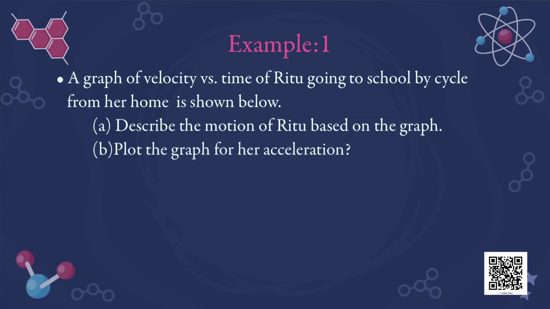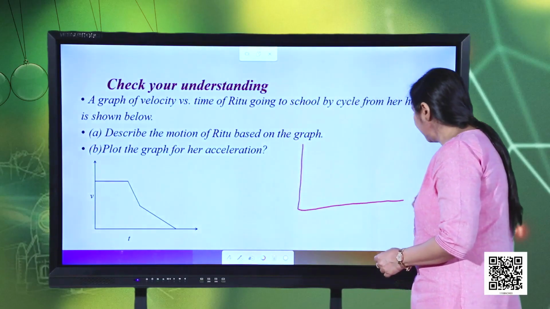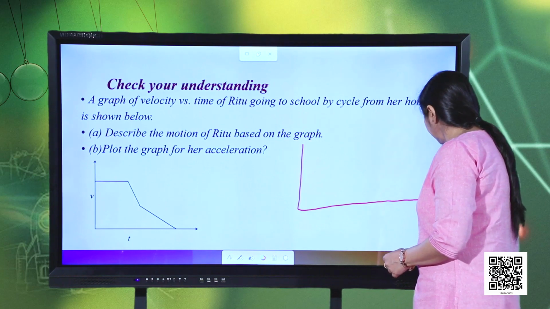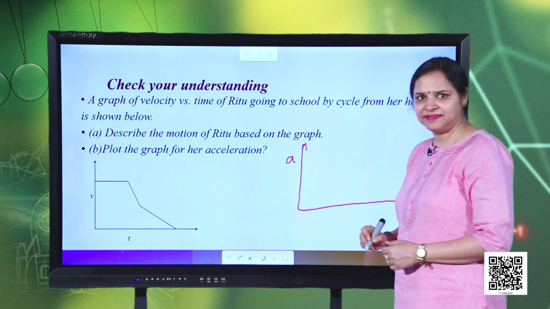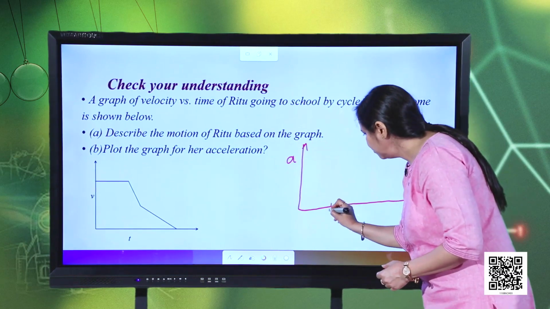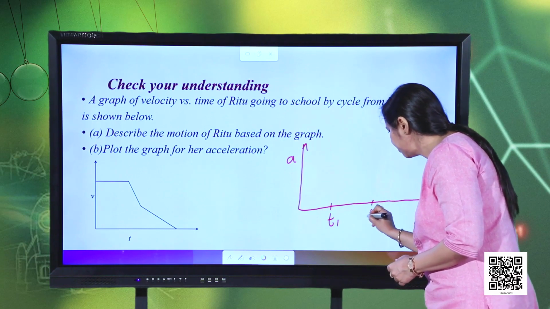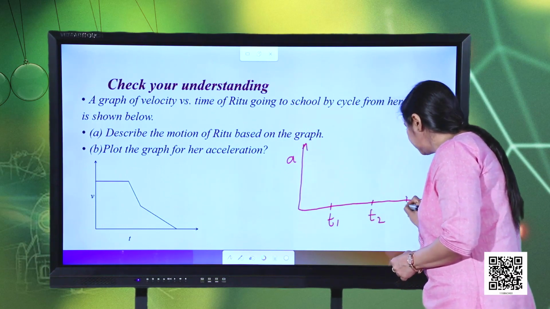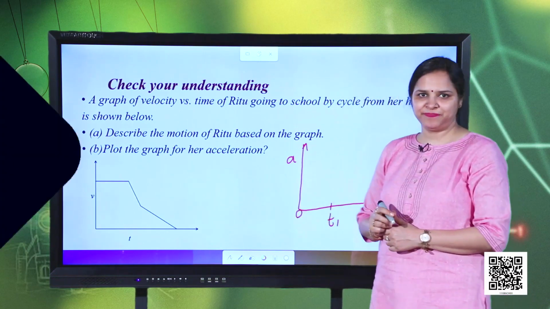Now, let us plot the graph for her acceleration. Suppose I consider time along the x-axis and acceleration along the y-axis, and I also label the time durations as t1, t2 and t3 starting from 0 time.